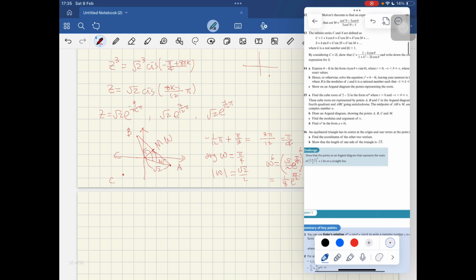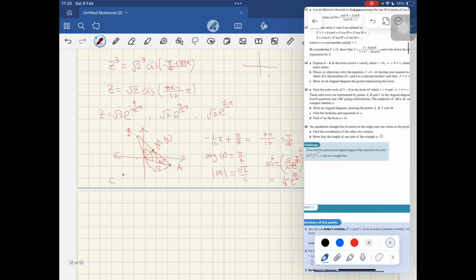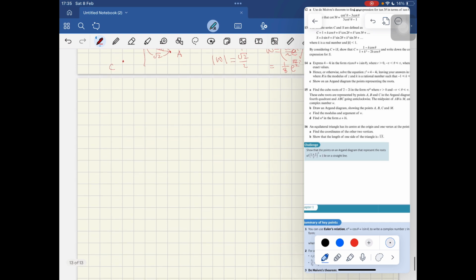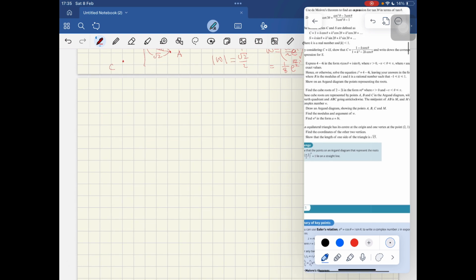And the last question, number 16. An equilateral triangle has its center at the origin. One vertex is the point (2, 1). Find the coordinates of the other vertices. So from here, all will be the same distance, and the difference of argument is 2 pi over 3. So this one is (2, 1).